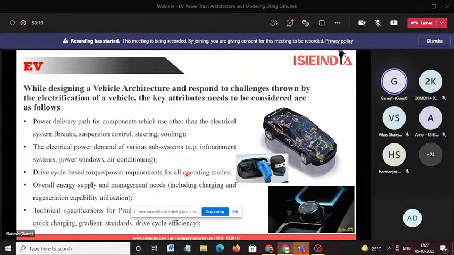As I said, when we are going to launch any new model, like we have the Creta, every year they come with some updated version, or like Swift Dzire or any car. When they are modeling the car, they do it in such a way that they can launch other models with the same electric drivetrain, so there should not be a major change when launching a new model.